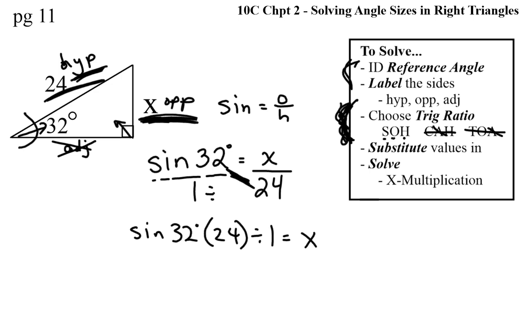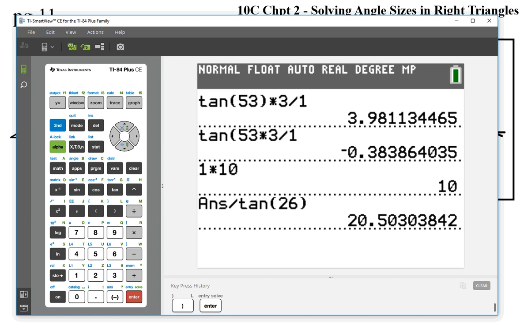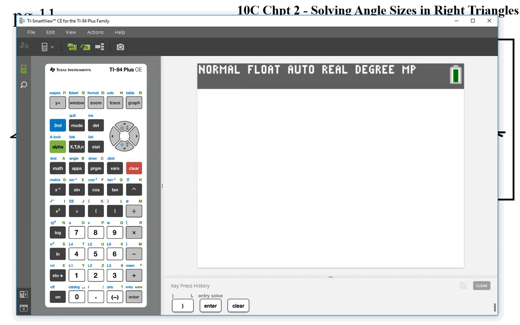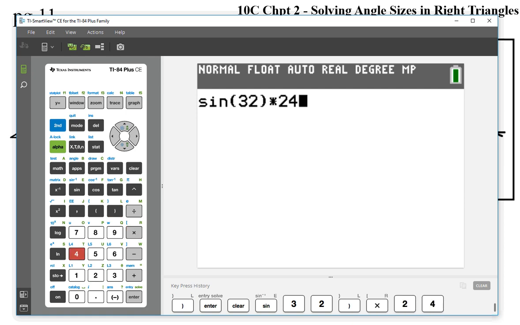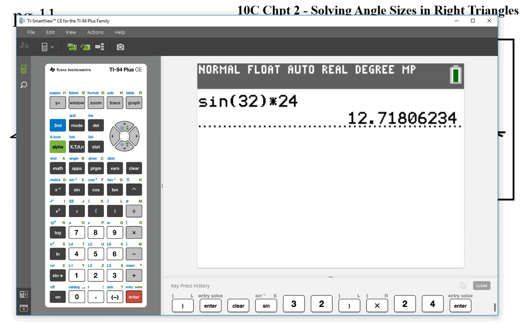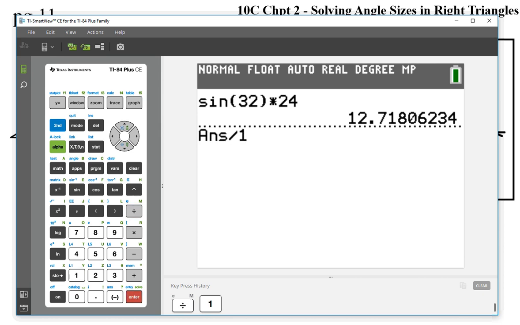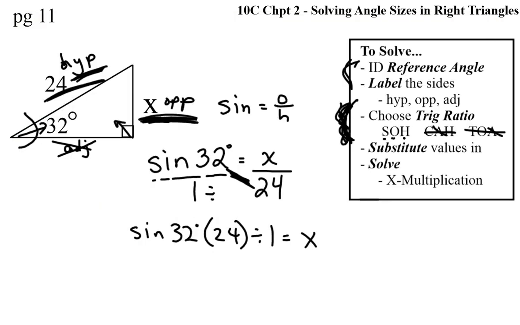Sine 32 times 24 divided by 1. So we have sine 32, close your bracket, times 24. Again, sometimes I like to hit enter. It's just my hang up. And now I divide by 1, which really doesn't do anything. So we get a length of 12.7 when rounded.